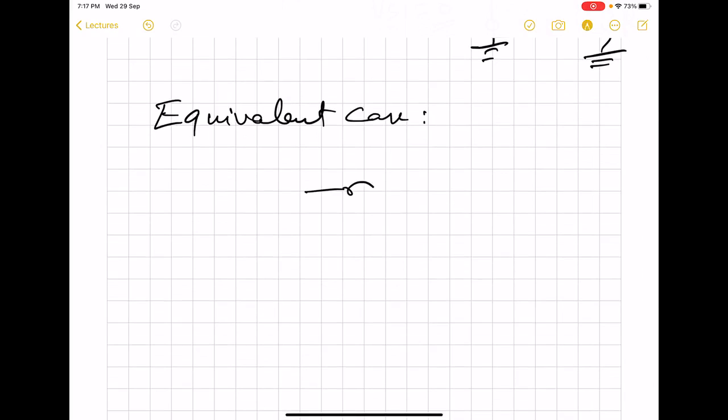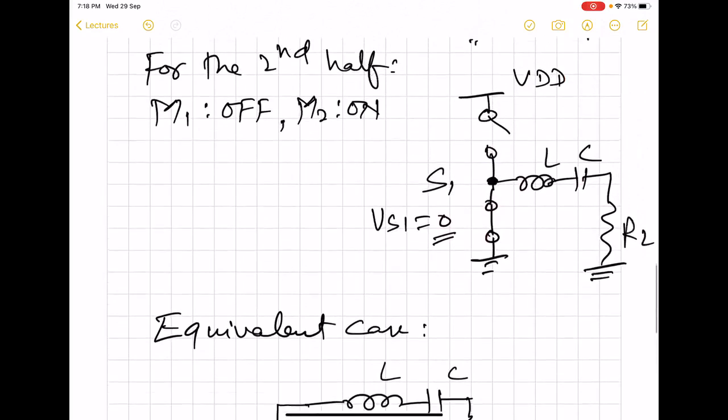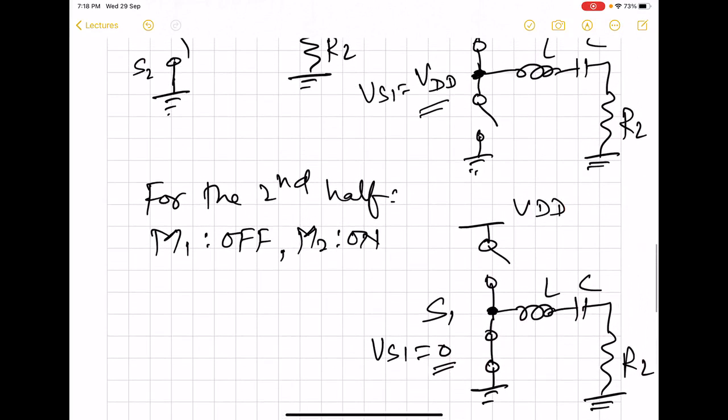We have a series LCR circuit, and this circuit is being driven by a source which we will call V switch, of square nature, between 0 and VDD.